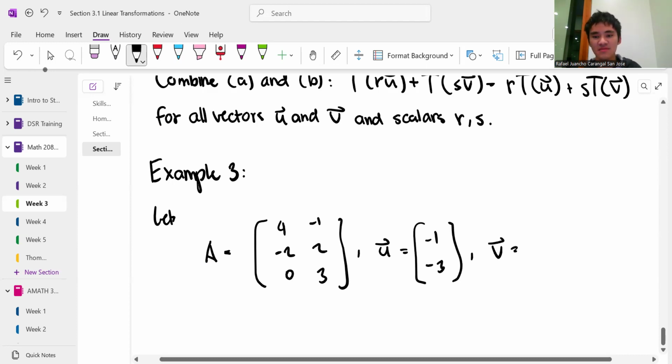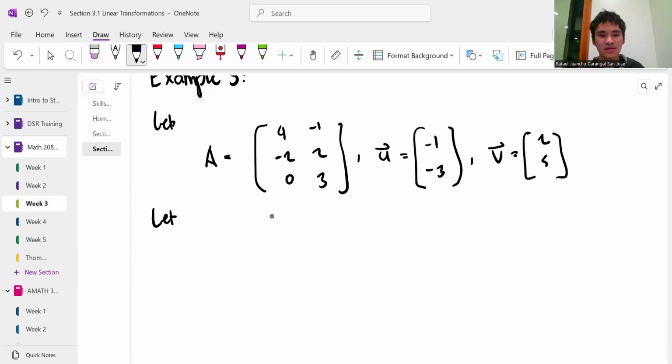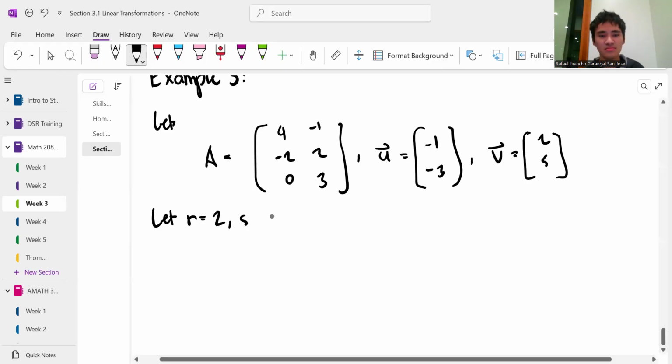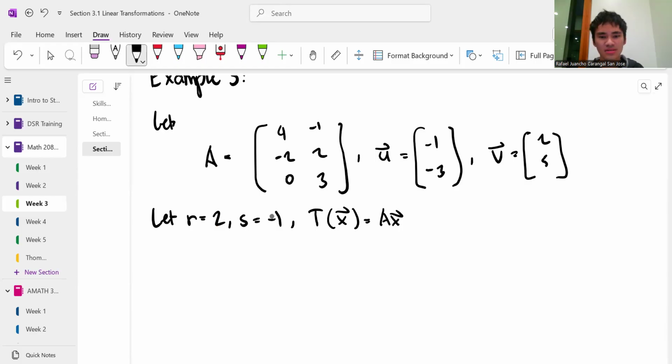Then we have this v vector, 2 and 5. Here we let r be equal to 2 and s be equal to -1 and T of x be Ax. Does that make sense? Verify that one holds in this case by separating.